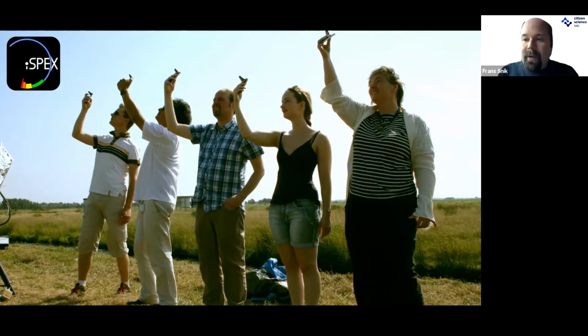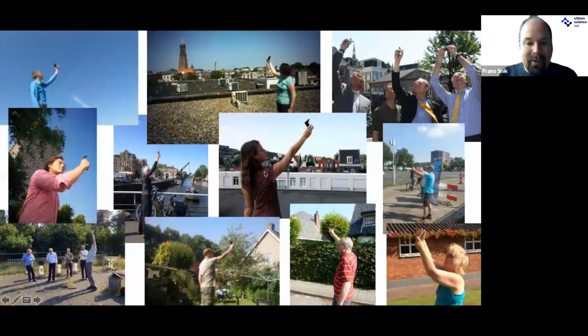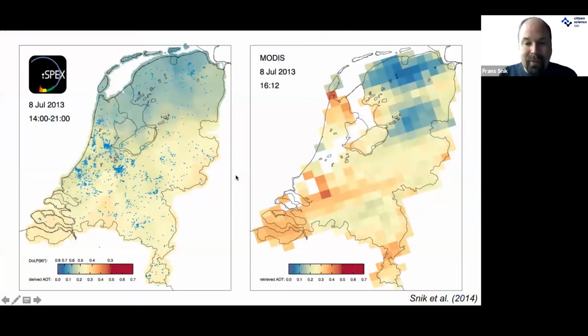Like this one, this is me and my colleagues a couple of years ago, where we're trying to measure air pollution with smartphones in the ISPEX project, which started as a small idea here at the university, but quickly turned into a large-scale measurement campaign where several thousand people across the Netherlands participated in measurements. And we demonstrated that we could really add value with citizen science observations of air pollution with respect to the ground-based measurement network and satellites, as here on the right.